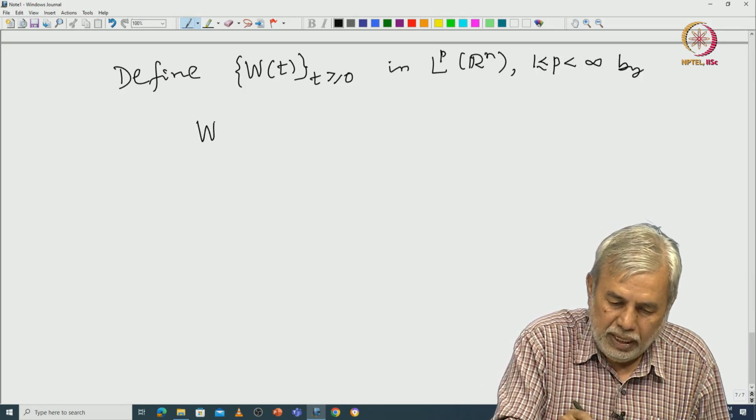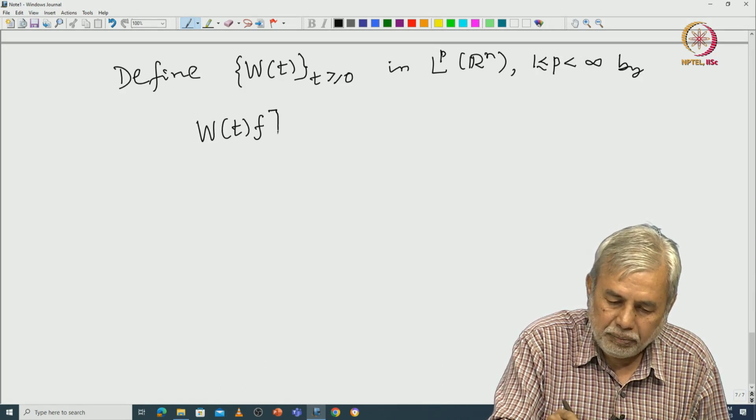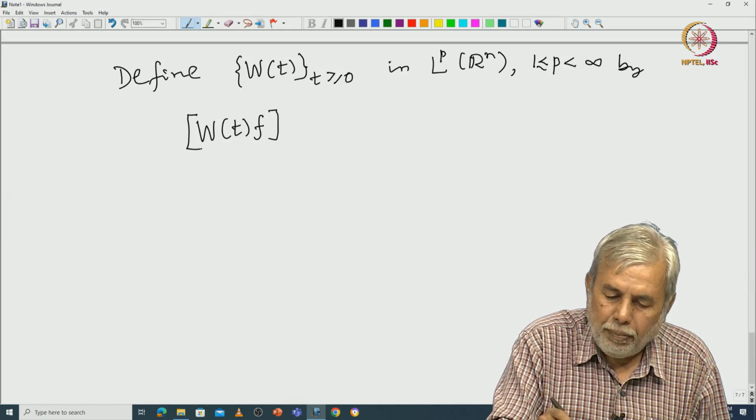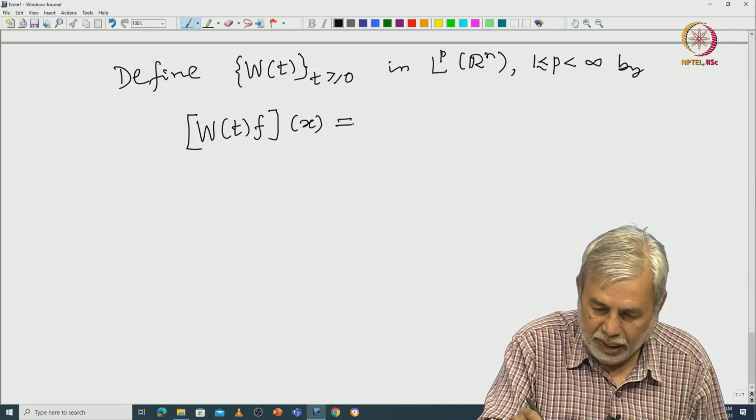So W t acting on a function f in Lp. So we have to mention what its value at x is. So this is precisely given by K t star f at x.